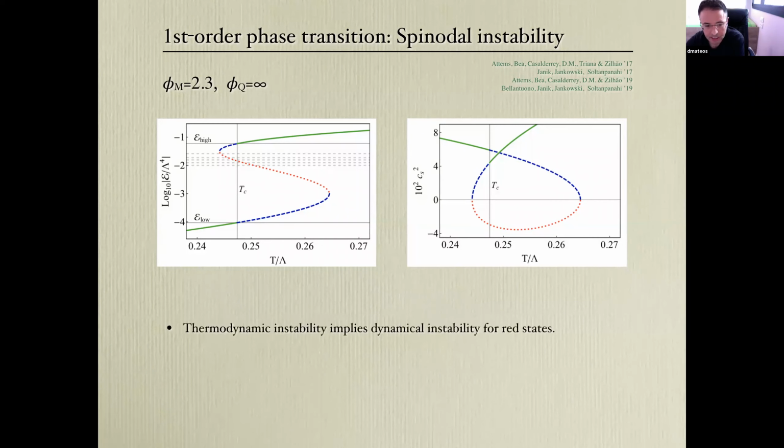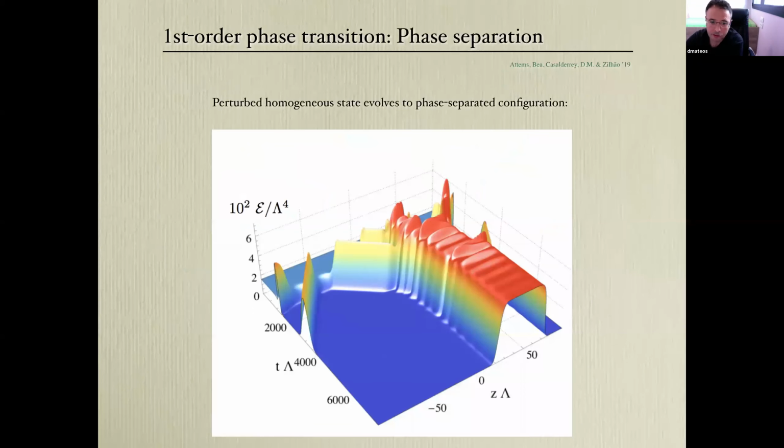What this means is that not only are these states thermodynamically unstable, but they are also dynamically unstable because the speed of sound squared is negative. So if you prepare your system in a homogeneous infinite state at one of these energy densities, and you perturb it slightly, there is a sound mode that will grow exponentially and take you away from the homogeneous state. So let me show you how that happens.